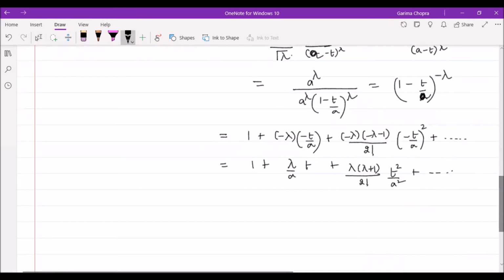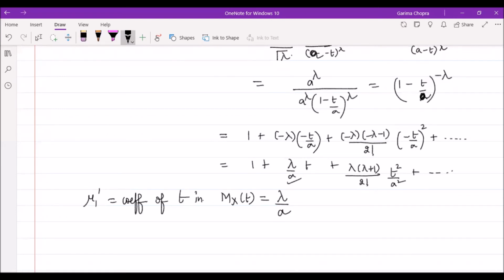So for finding the first moment about origin, we need the coefficient of t in the moment generating function. And the coefficient of t, we can see here, is lambda by a.